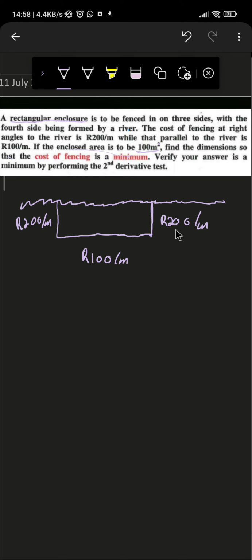Let us note this one as y, the one that is vertical, perpendicular to the river, and this one is also y, and this one is going to be x. Looking at that, we see a rectangle.